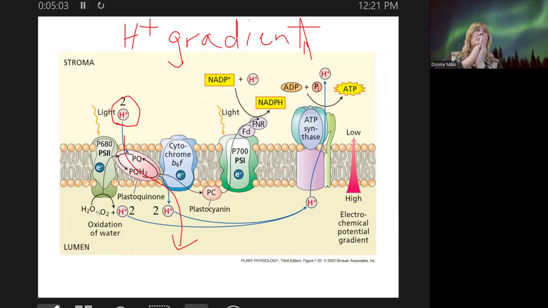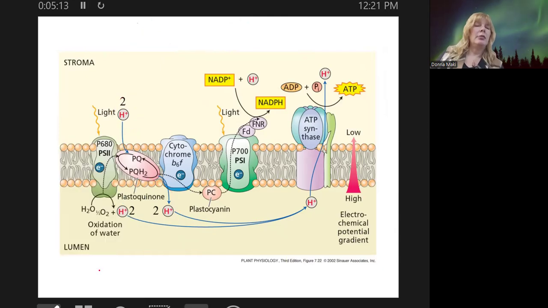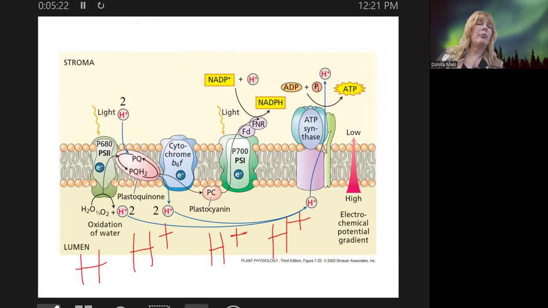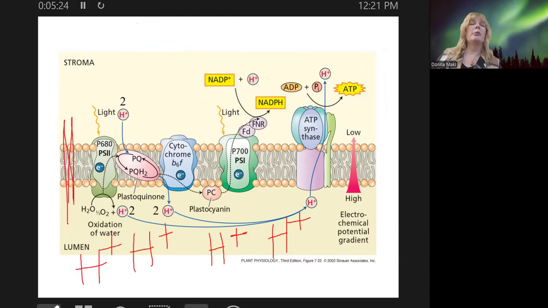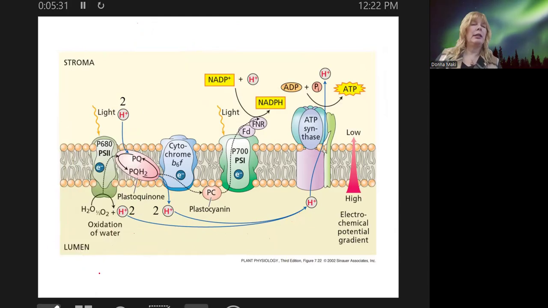Because protons are positively charged, they can't just diffuse across the membrane. So once you get this gradient, by the laws of chemistry, they want to diffuse back. They want to even out their protons across the membrane. But they can't do that going through just the regular portion of the membrane because they're charged. It's not compatible with that huge hydrophobic portion. And so they have to go through a transport protein of some sort.